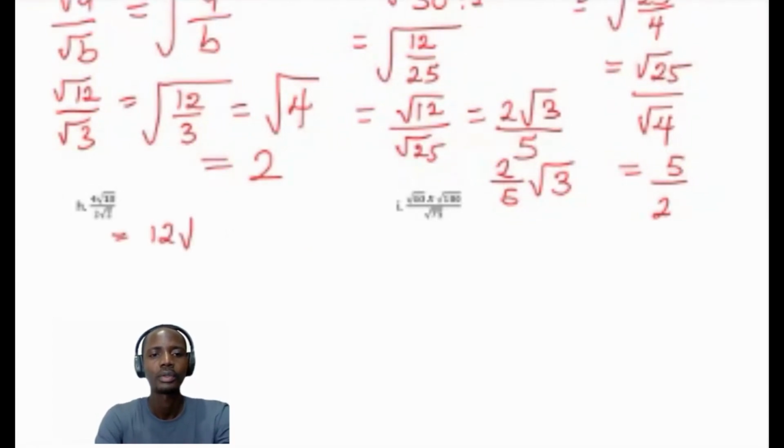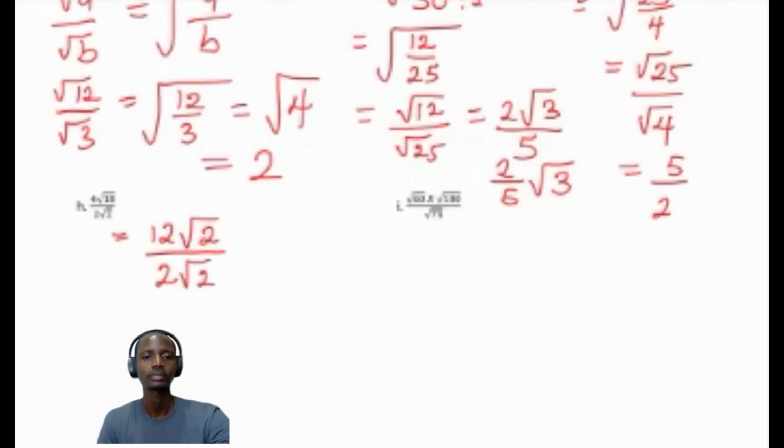So we can have this written as 12 root 2 over 2 root 2. Now, this is quite simple. We can just decide root 2 cancels, take away root 2, and 12 divided by 2 is equal to 6.